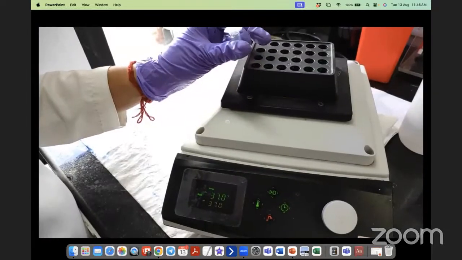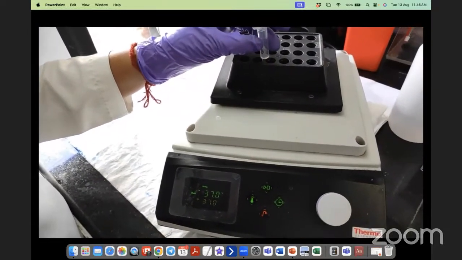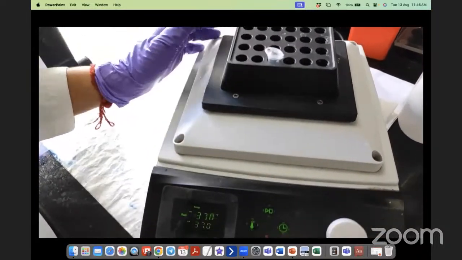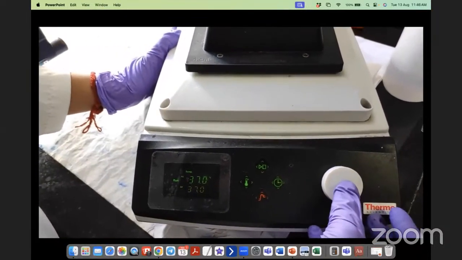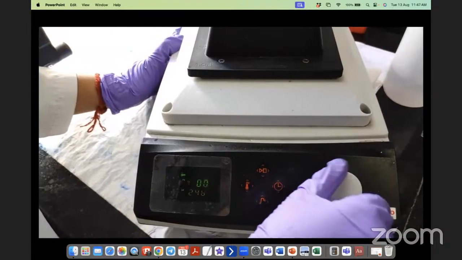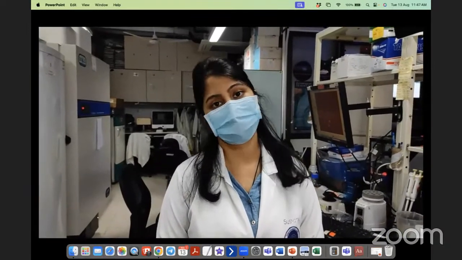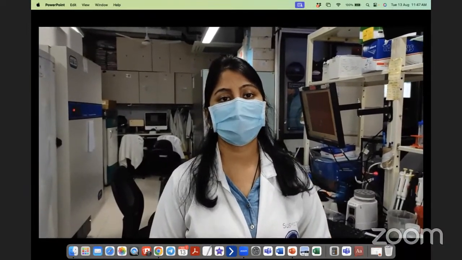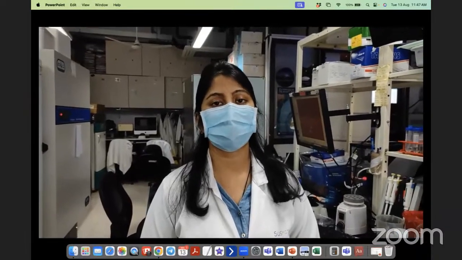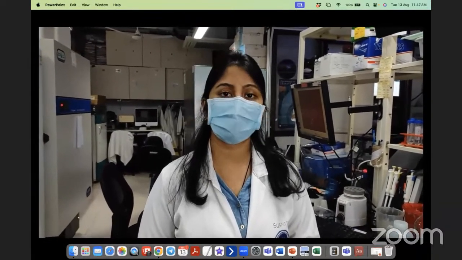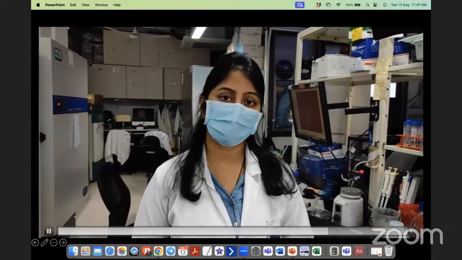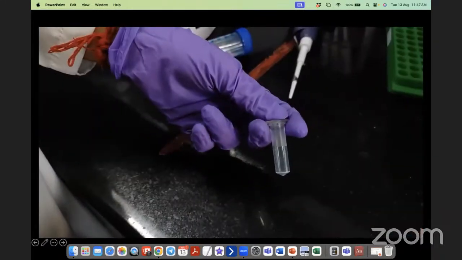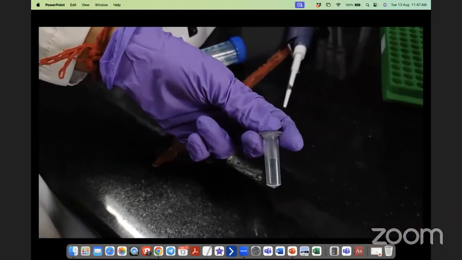Finally, for optimum protein digestion, the samples need to be incubated at 37 degrees for around 16 to 17 hours. After that, the protein sample is completely digested, and then the sample is dried in order to get the peptide sample. These dried peptides can be taken further for mass spectrometry.